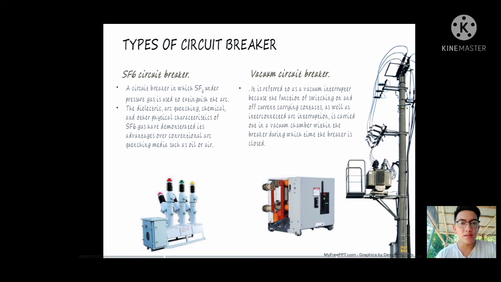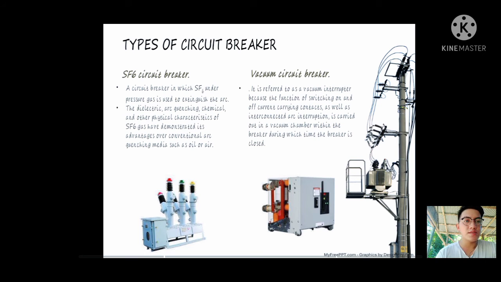The dielectric, arc quenching chemical, and other physical characteristics of SF6 gas have demonstrated its advantage over conventional arc quenching media such as oil or air. SF6, or sulfur hexafluoride, is also a colorless, odorless, non-toxic, and non-flammable gas.